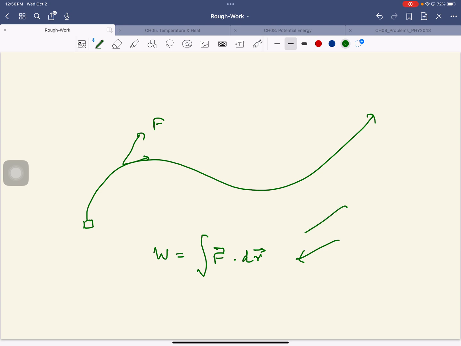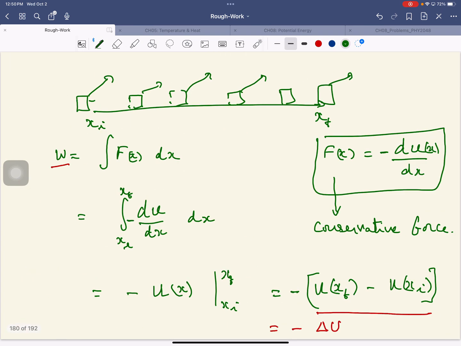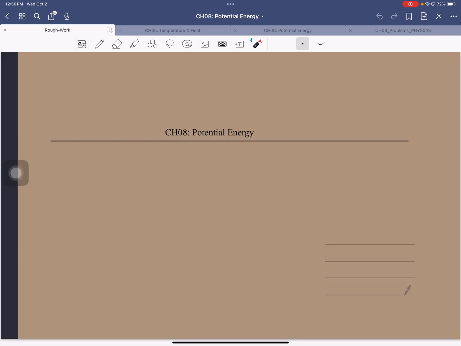You'd have to do this line integral. So we understand this. The chapter is about forces that are given as the derivative of a scalar valued function, and this is called the potential energy function. All right, so let's get into the slides.